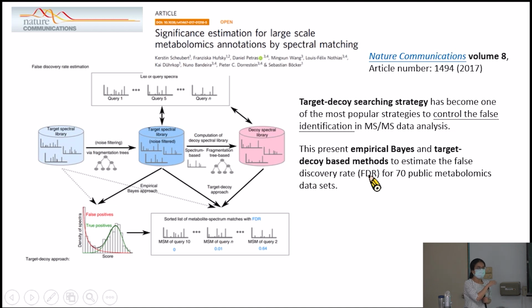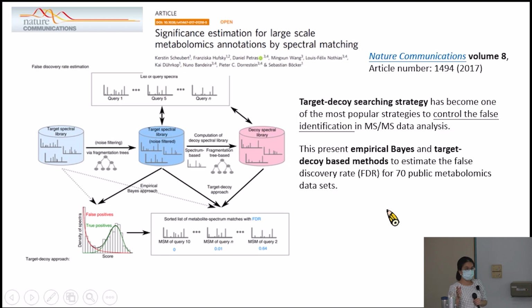Basically, this approach is based on almost 17 public metabolomics data sets. Theoretically, we can use different improved approaches to get the FDR, which might be helpful for us to annotate the compounds that we are interested in.